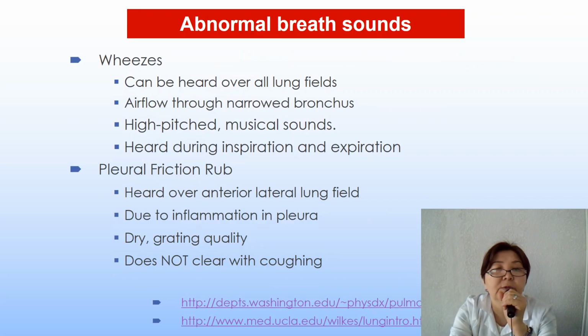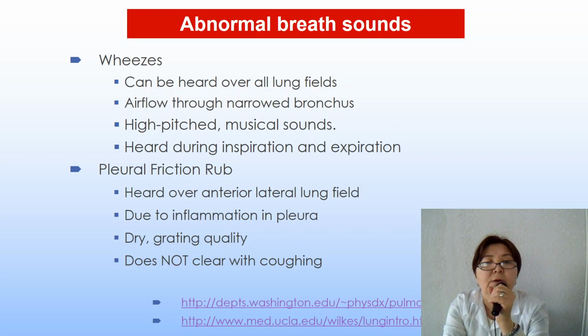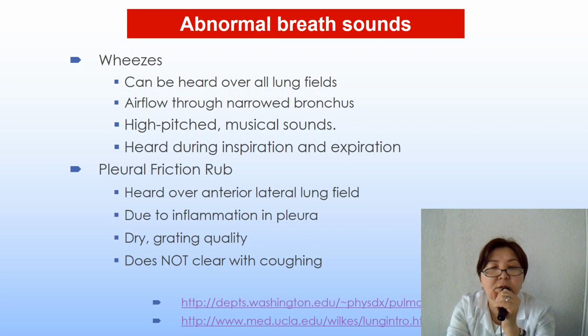Wheezes can be heard over all lung fields, from airflow through a narrowed bronchus, high-pitched musical sounds heard during inspiration and expiration. Pleural friction rub is heard over the anterior lateral lung field due to inflammation in the pleura. Dry, grating quality, does not clear with coughing.